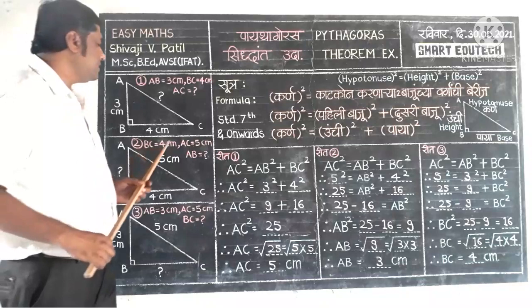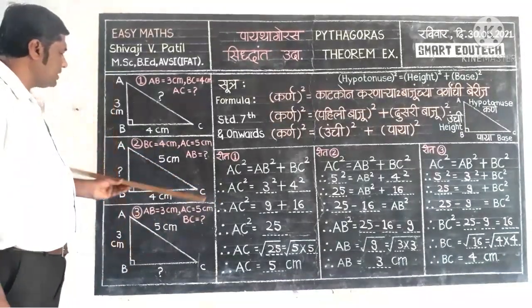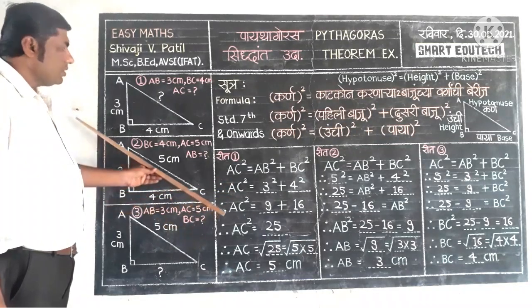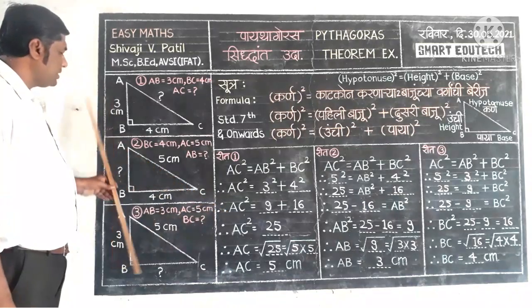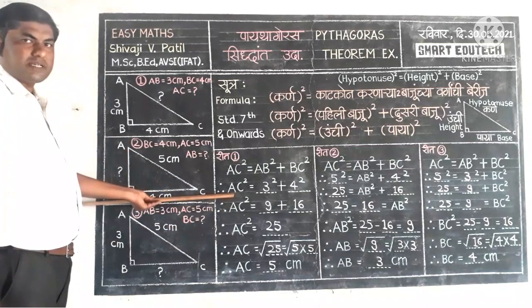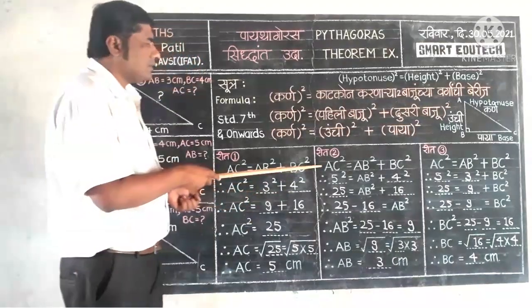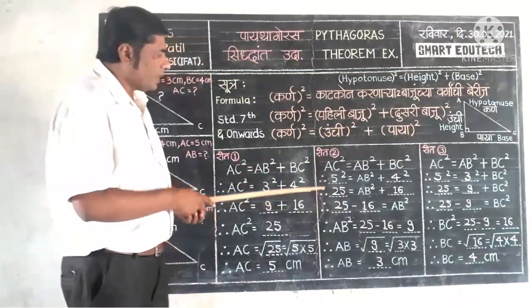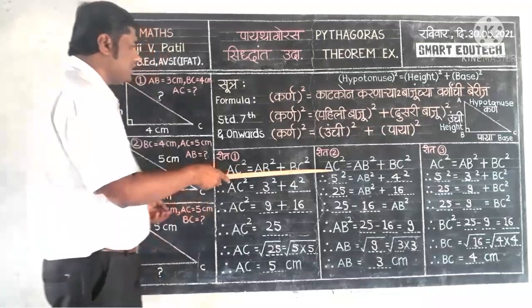So again write the formula. AC square is equal to AB square plus BC square, or you can write hypotenuse square is equal to height square plus base square. Now in the second step you have to put the value of AC.